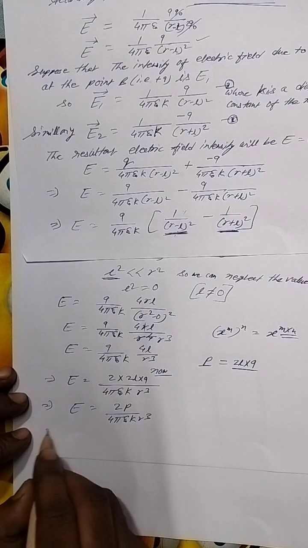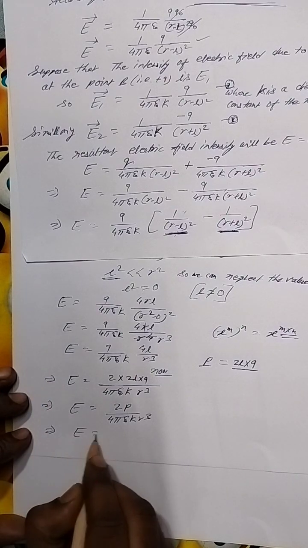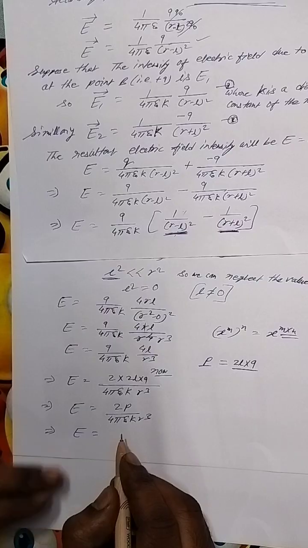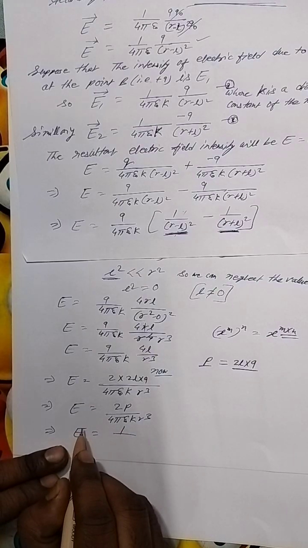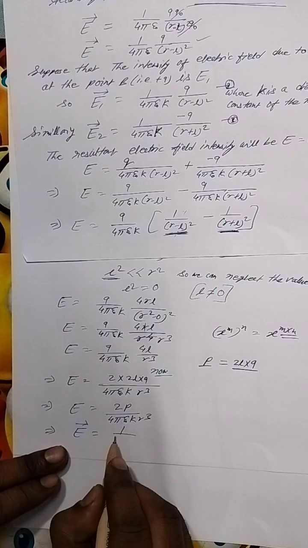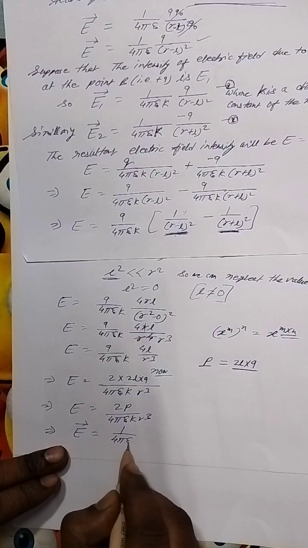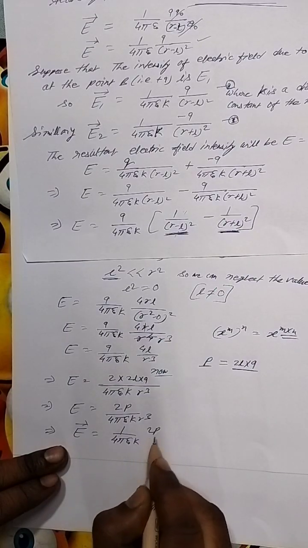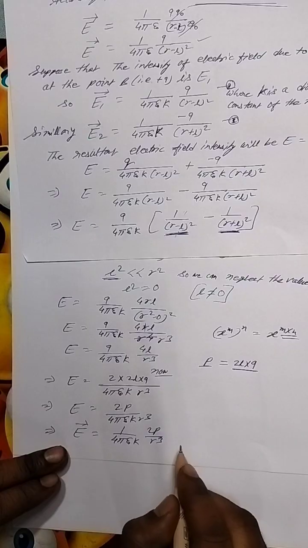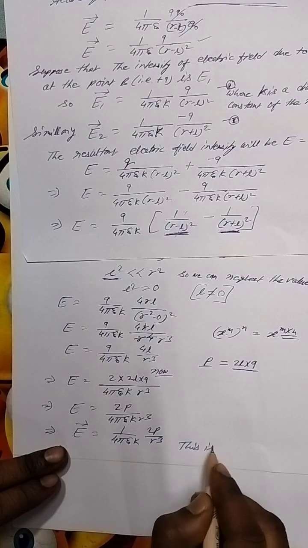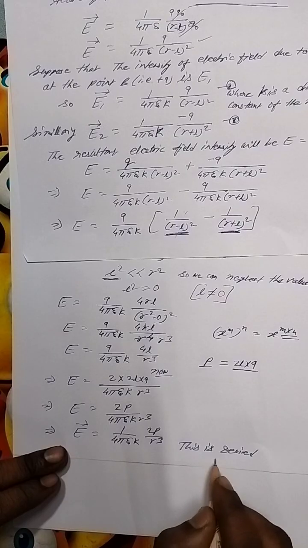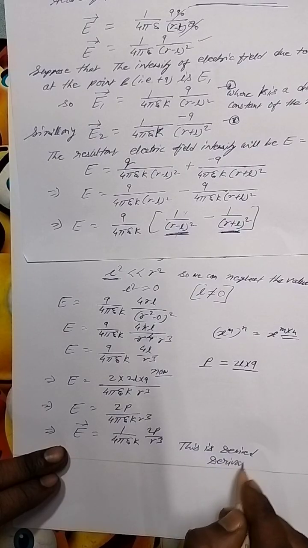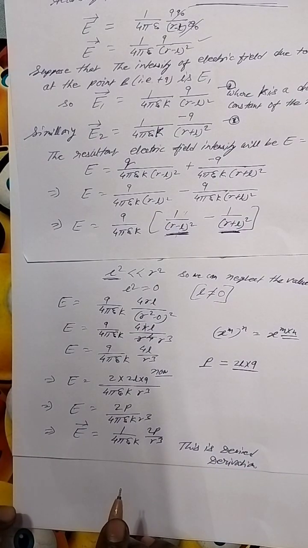We can write it, as we pronounce properly, the electric field E is equal to 1 upon 4 pi epsilon 0 k, 2p upon r cube. This is the desired derivation. Okay.